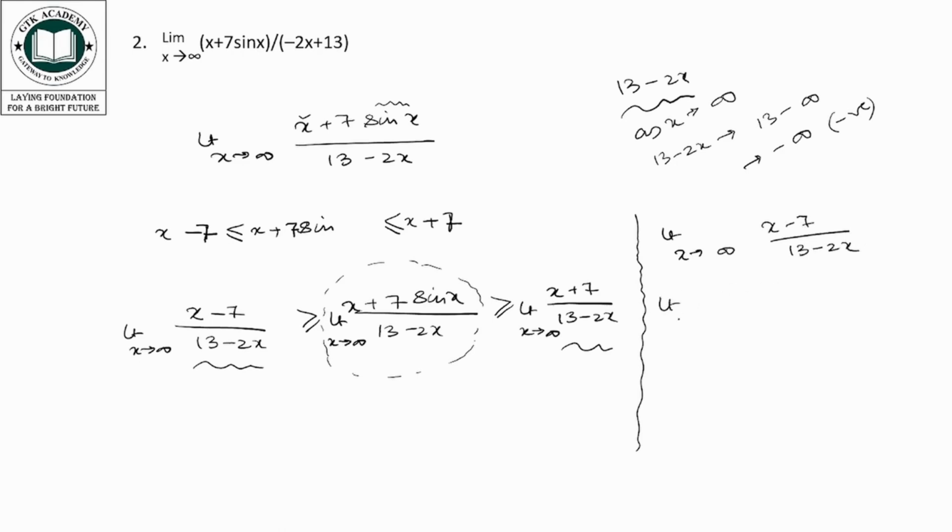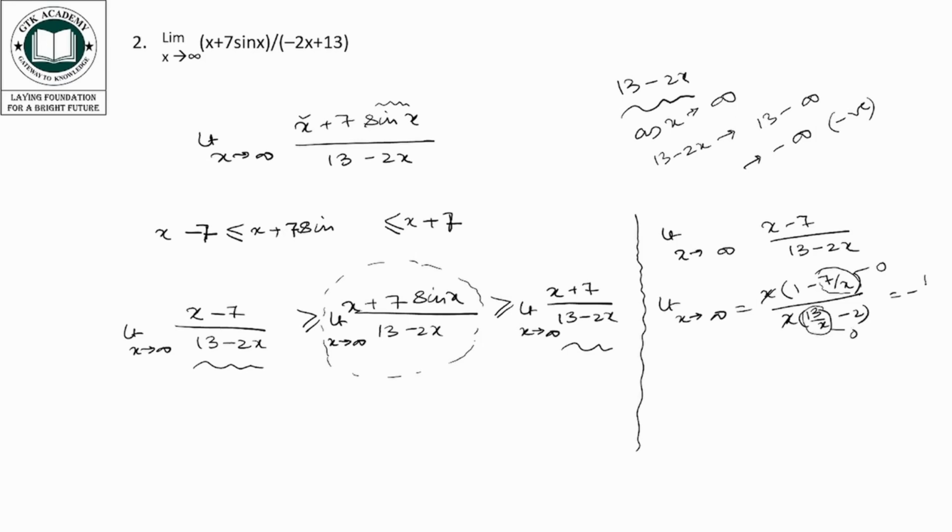You take x as common: 1 minus 7 upon x, upon 13 upon x minus 2. x will get cancelled, and when you put x as infinity, this will become 0 and this will also become 0.